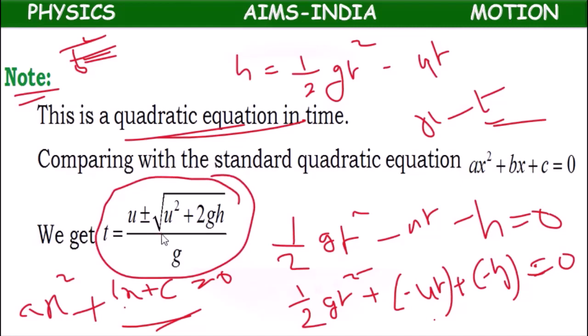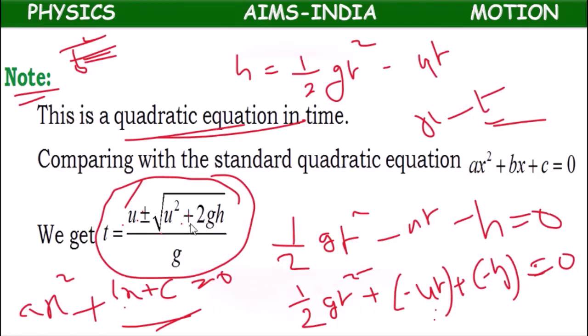According to that, minus b means minus of minus u, plus or minus root of b square minus 4ac.